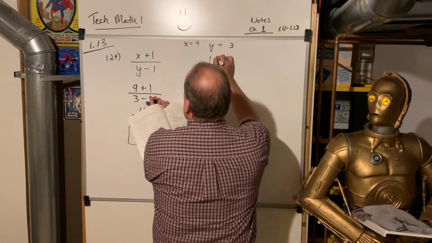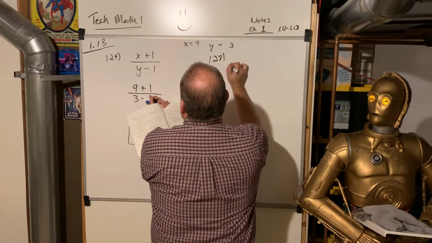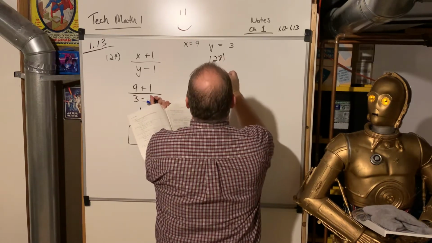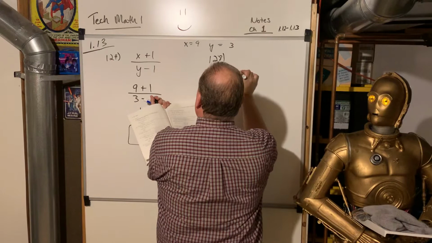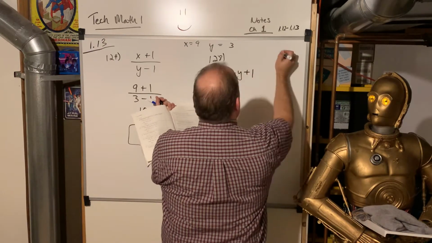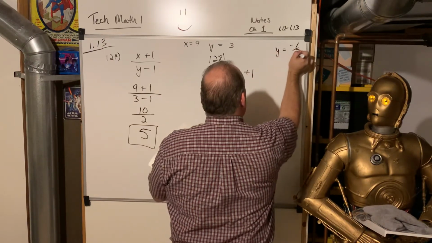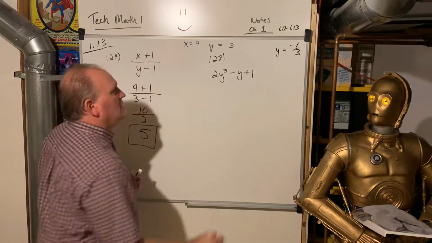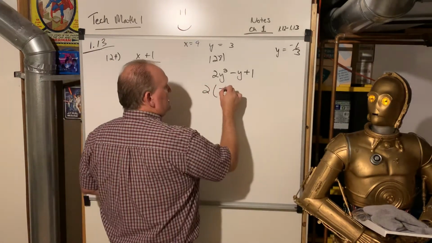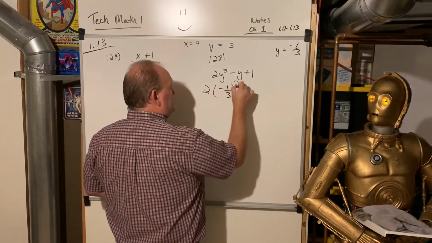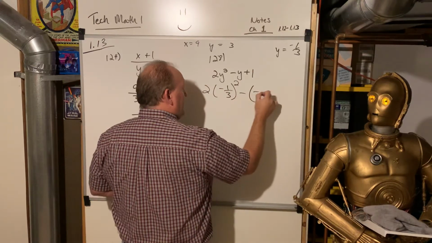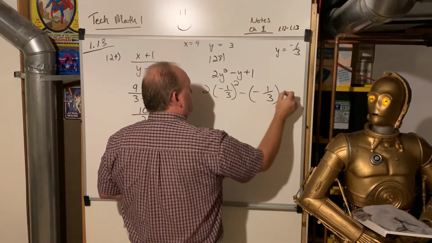Let's look at 128. We got 2y squared minus y plus 1. When y is equal to negative 1/3, the F word, fractions. So we're going to do 2 times negative 1/3 quantity squared minus negative 1/3 plus 1.